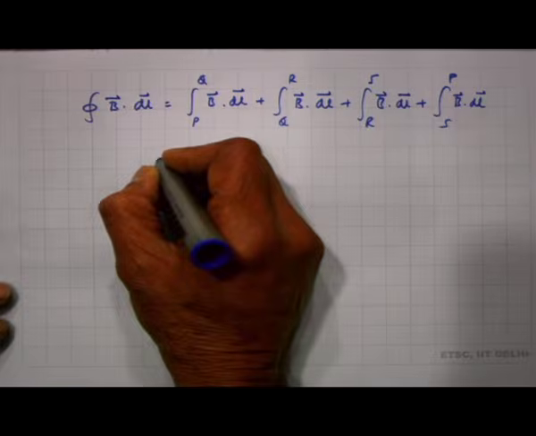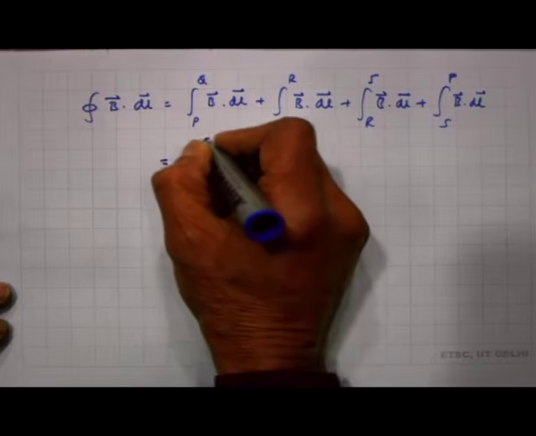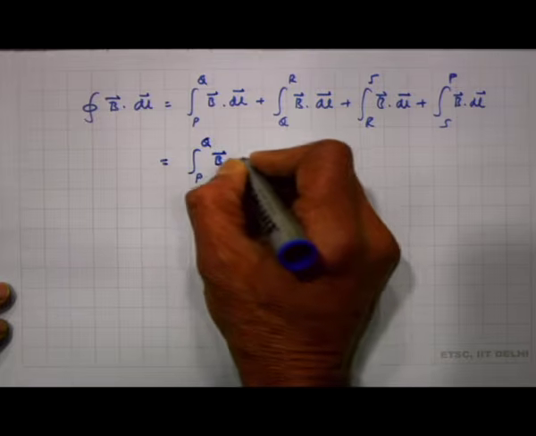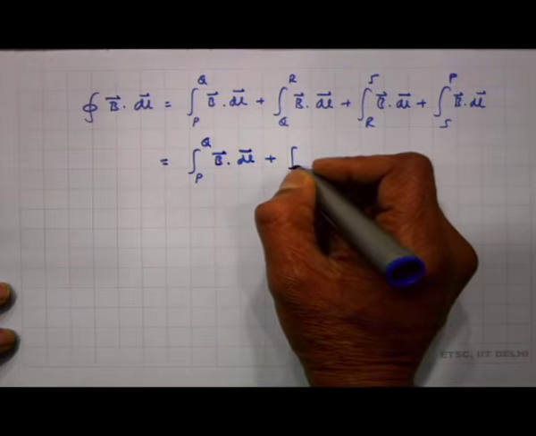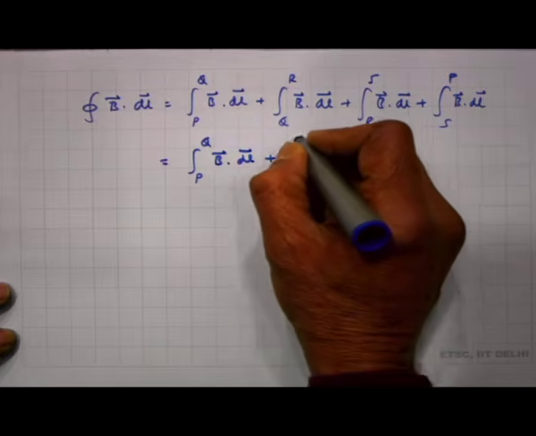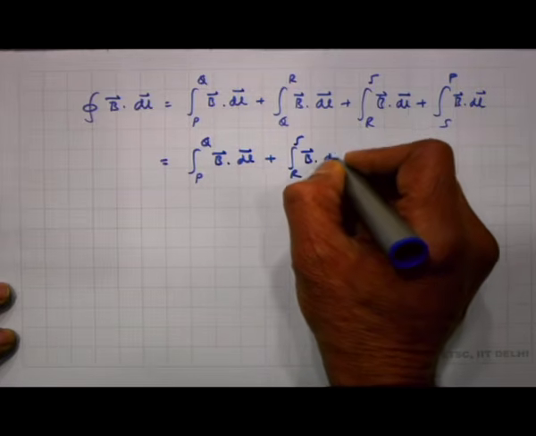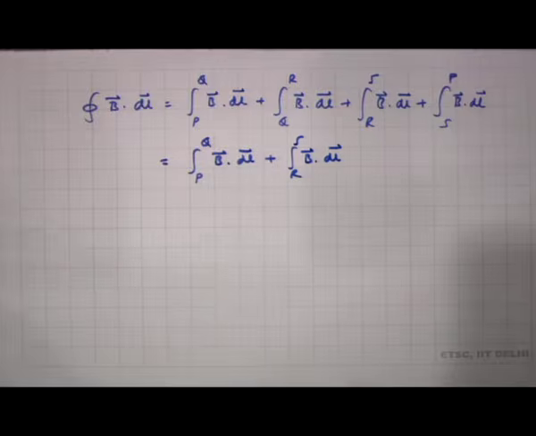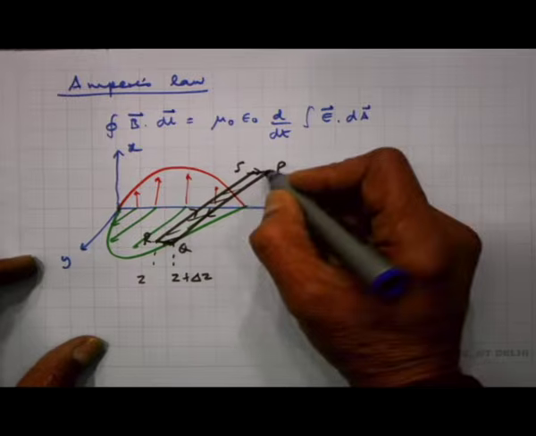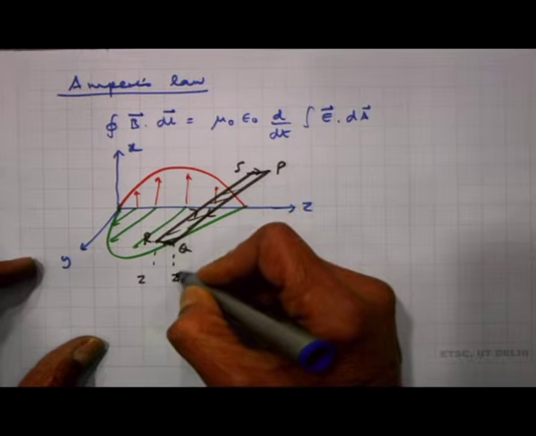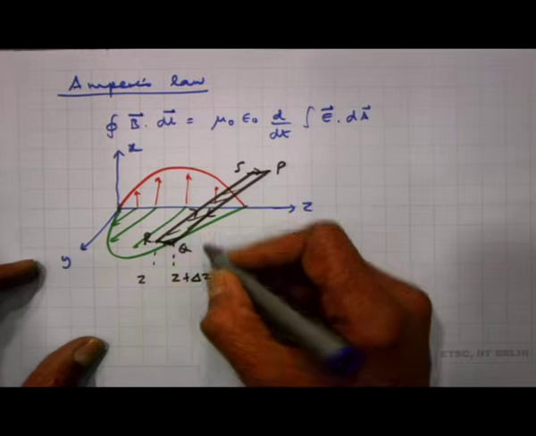So, I will simply get integral P to Q B dot dl plus integral R to S B dot dl. The remaining two integrals are 0. Now, on this line the magnetic field is calculated at z plus delta z.